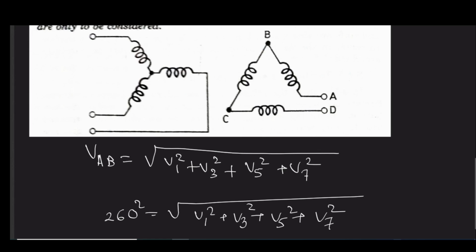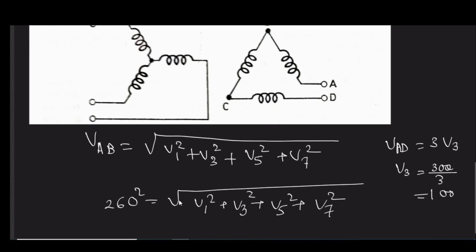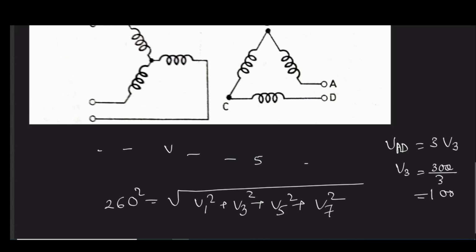Another thing we can see is that when we place the voltmeter across AD, what is the reading? V3 will be how much? 300 by 3 is equal to 100. So from this line, what we can write.